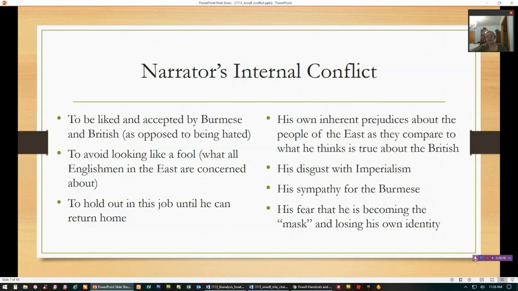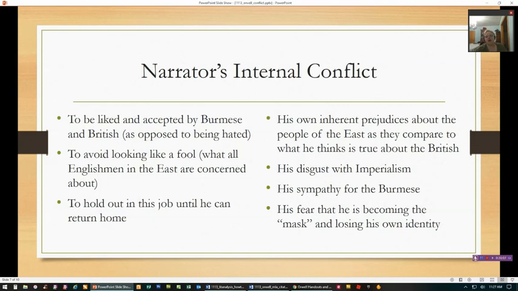And he basically tells us that this is what all Englishmen's ultimate motivation in the East is, to somehow maintain their dignity, right? He wants to hold out in this job until he can return home. He hates it. He says he can't even express fully how much he despised this job that he had, and his whole purpose was just to get out as soon as possible, right?